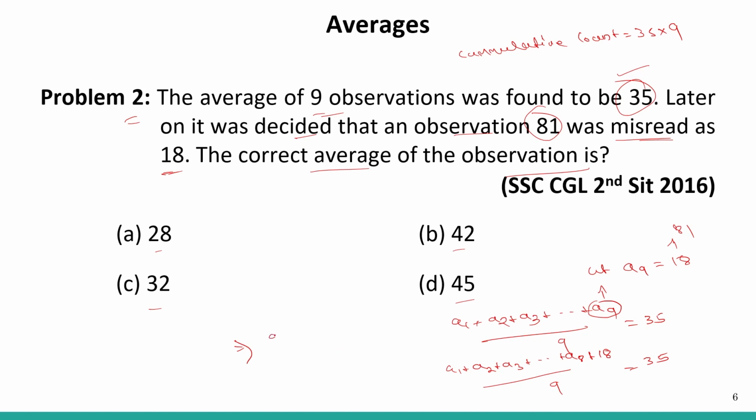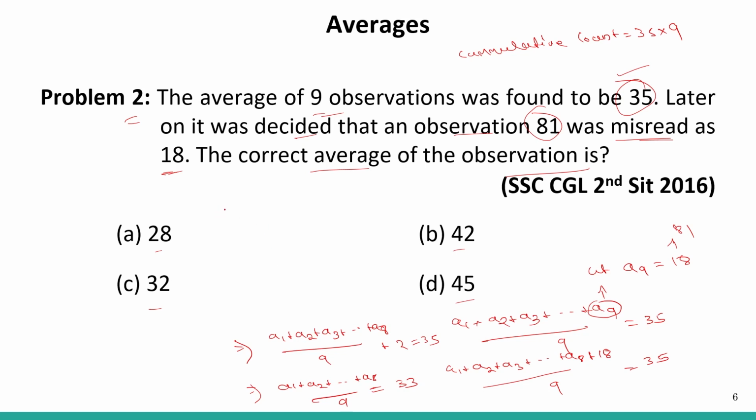We can write this as A1 plus A2 plus dot dot dot plus A8, by 9, plus 18 by 9, that is 2, is equal to 35. So A1 plus A2 plus dot dot dot plus A8, by 9, is equal to 33, right?